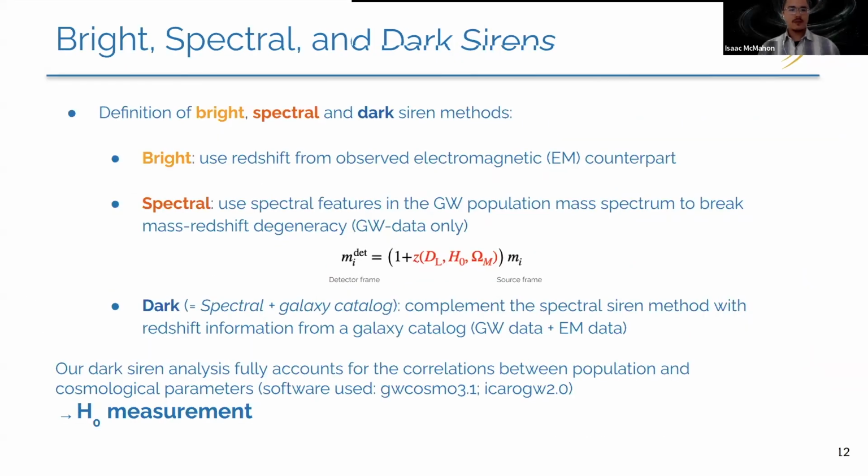And so in the end, we combine all three of these methods, the bright, the spectral, and the dark sirens, to arrive at our final measurement of the Hubble constant. And so we are jointly constraining the population parameters and the cosmological parameters at the same time to arrive at a Hubble constant measurement.